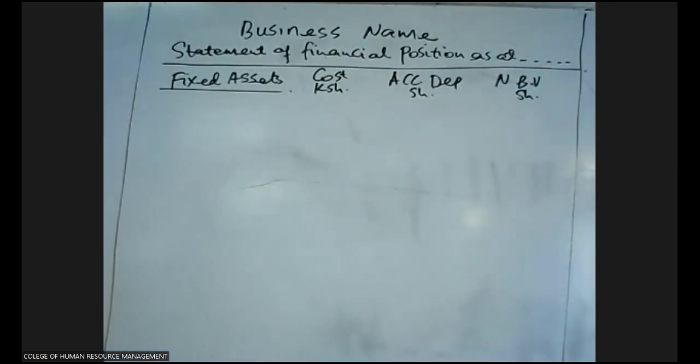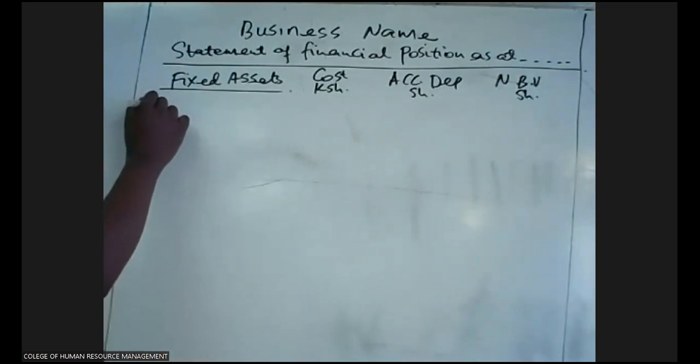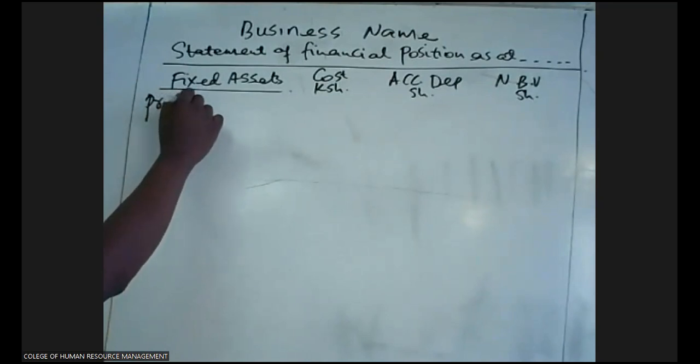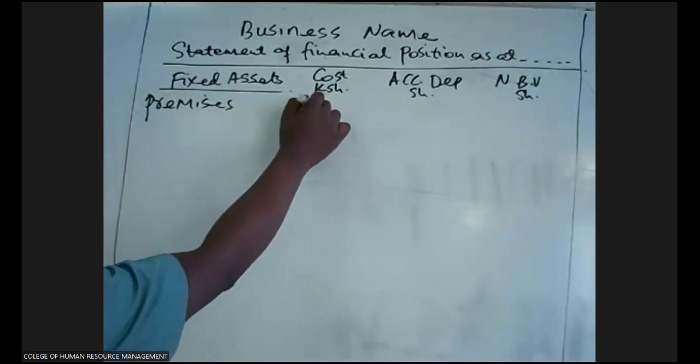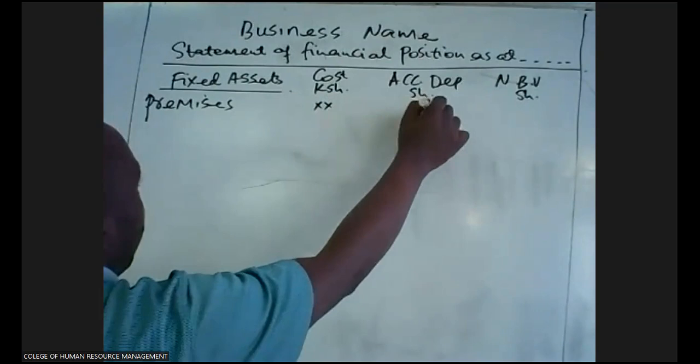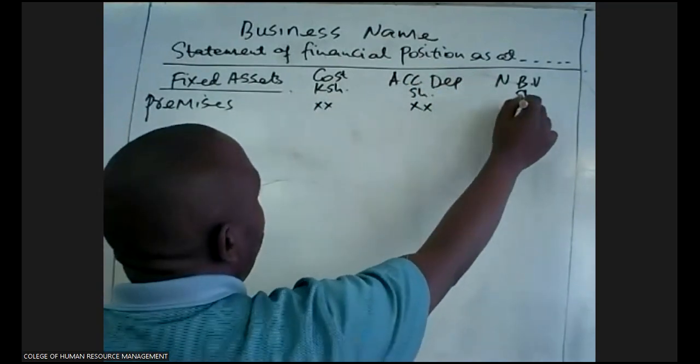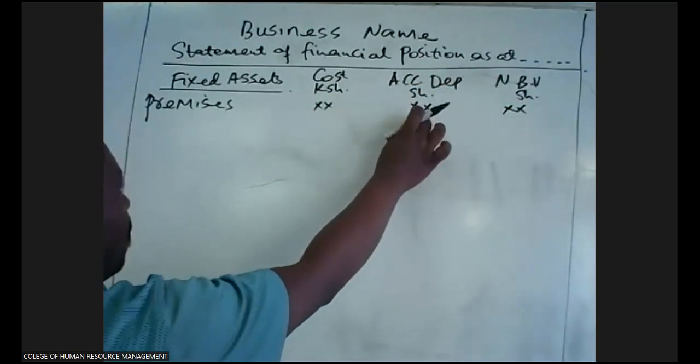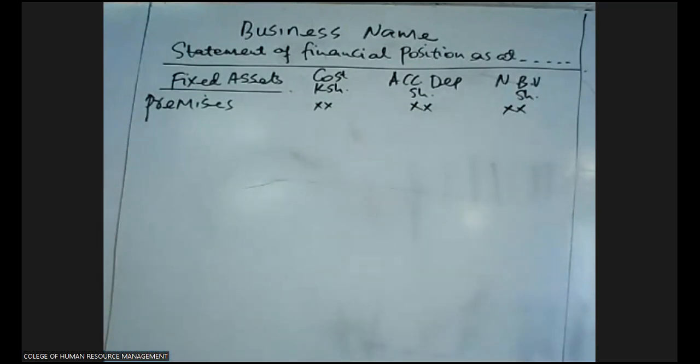Then you list the assets that are captured in the question. Maybe there is premises or land and building. What was their cost? How much have they lost with depreciation? The net book value is simply cost minus depreciation. You get that, the remaining value.